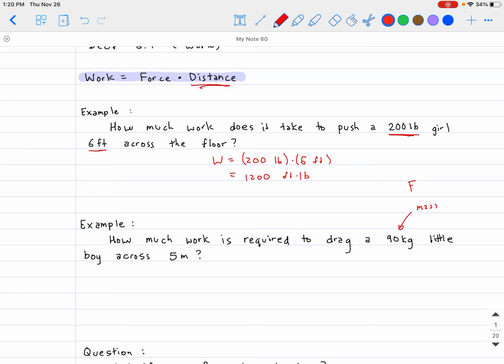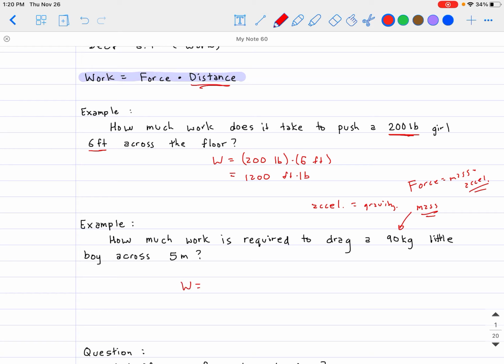Force is supposed to be equal to mass multiplied by acceleration. So I need to multiply my mass by some sort of acceleration, and the acceleration we're referring to is gravity. So we have to do a small modification, and then we'll still get our answers.